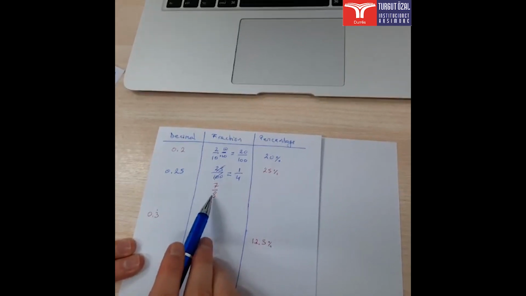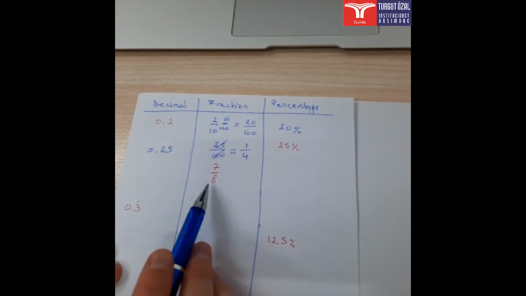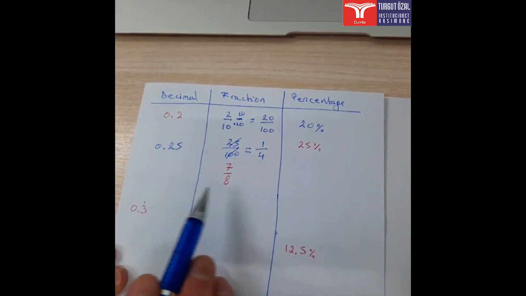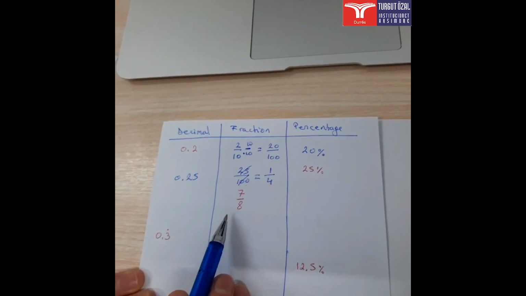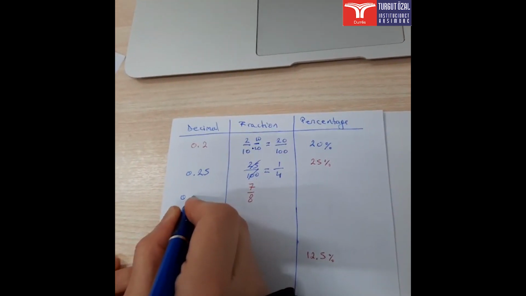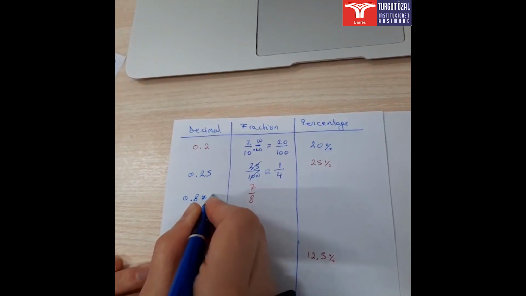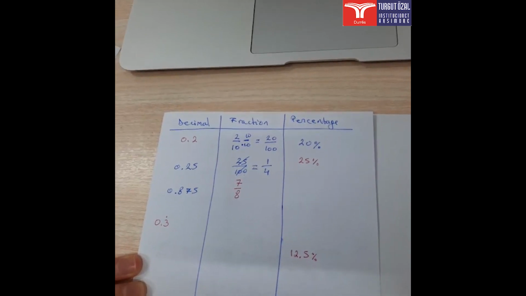Let's have a look at the third one. It is given the fraction 7 over 8. First of all, let's convert this one into a decimal number, since it is not easy to make 8 into 100. So 7 divided by 8 is 0.875 after we perform this division.